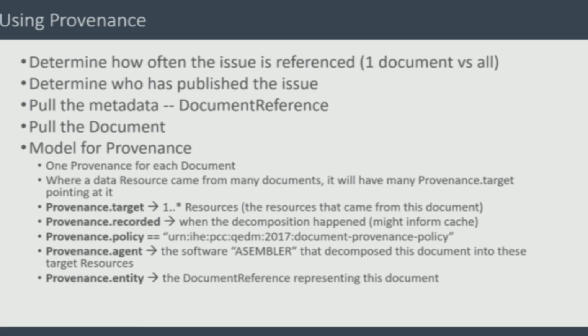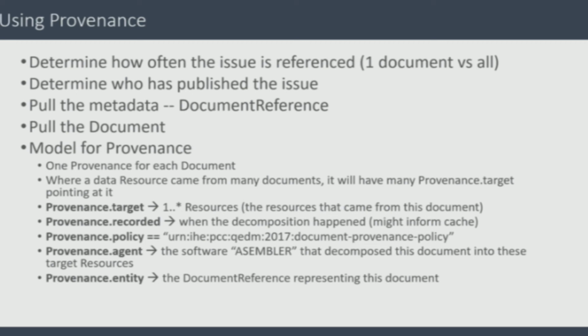So in this case, the model is for every document that you decomposed, you'll have one provenance resource. In that provenance resource you'll explain, when did you decompose it? The policy, we have a fixed policy to talk about this QEDM thing.